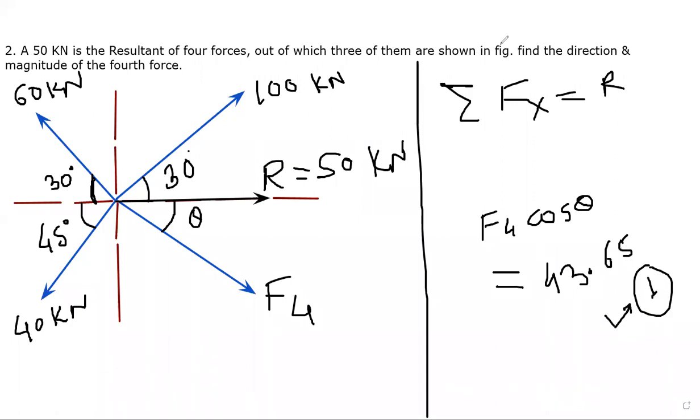Next, summation Fy is equal to 0. Why 0? As the resultant is along the x-axis, summation Fy is equal to 0.